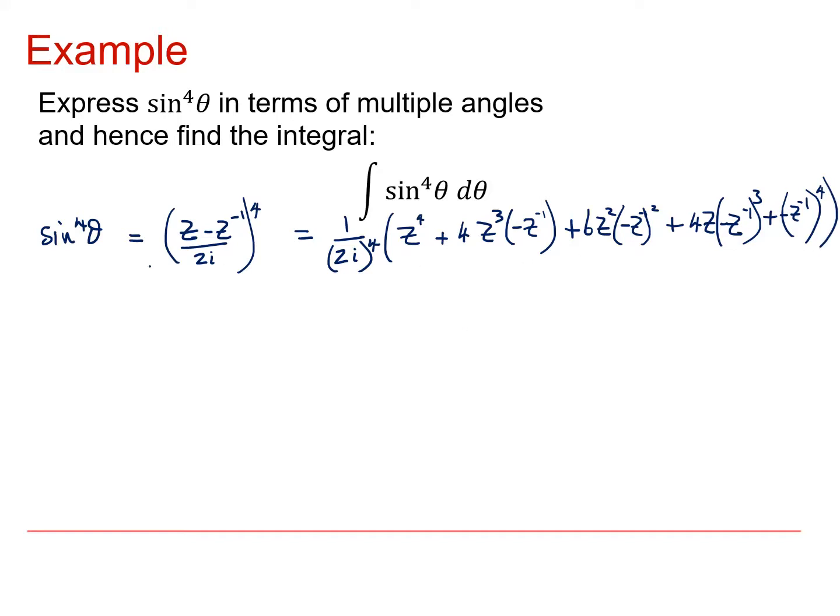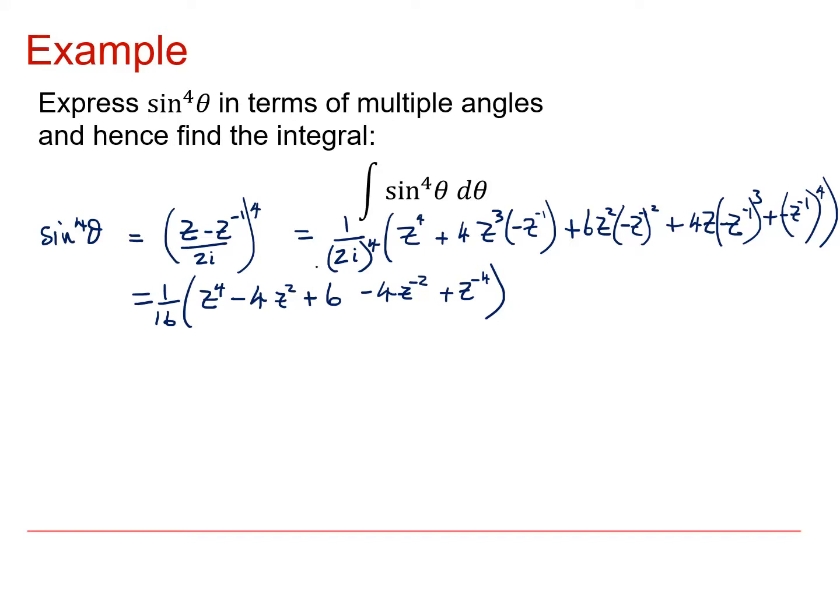And now if I just expand some of that, I'm going to get 1 over 16 times z to the 4 minus 4z squared plus 6 minus 4z to the minus 2 plus z to the minus 4.